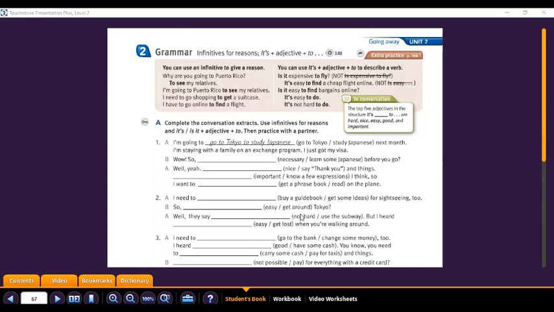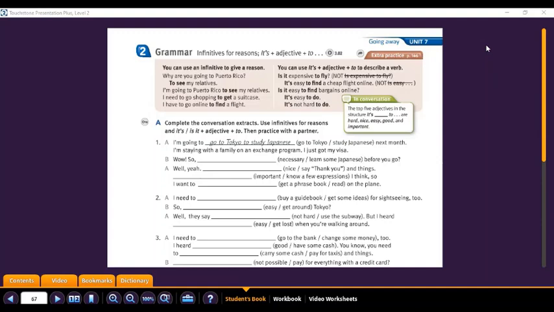Vamos a hacer un ejemplo. Podríamos decir, es fácil, ¿cómo podríamos poner? Es difícil encontrar un empleo. Si lo decimos en forma afirmativa, no en pregunta.